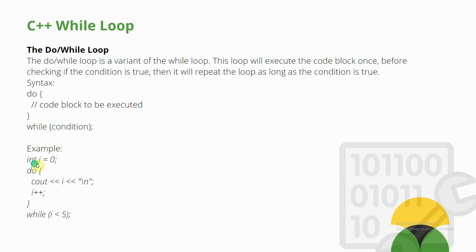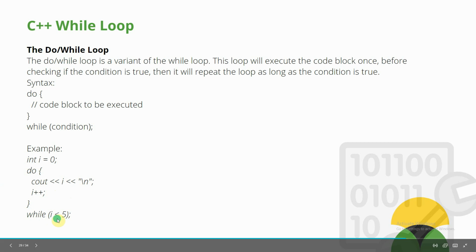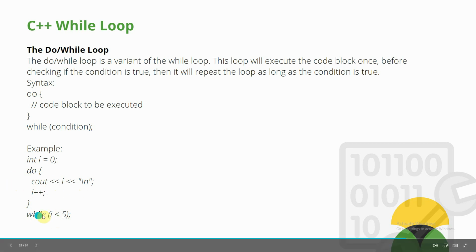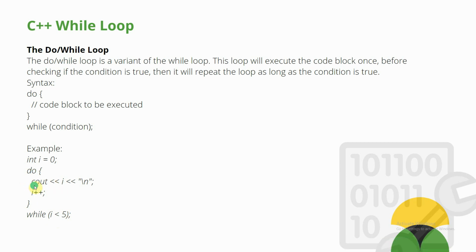In this example, integer i equals 0, execute this block of code while this condition is still true or satisfied. While i is less than 5, you execute this block of code, incrementing until it reaches 5. Once it becomes false, the execution of our code stops. So it has the same function, it is just a variant.